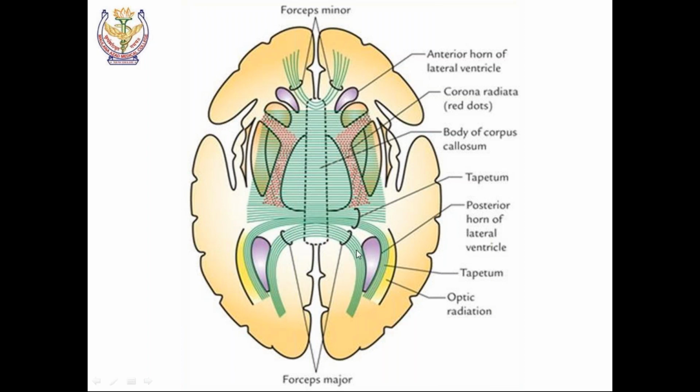So if this is the posterior horn, one set of fibers will be medial and another lateral, and further lateral to these fibers is the tapetum. We have other fibers which finally reach the occipital lobe, areas 17, 18, 19. That is the optic radiations. Therefore the forceps major fibers lie medial to it, and the tapetum will be lateral to it.